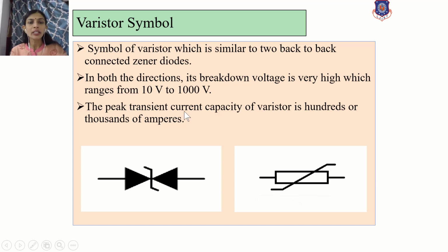The peak transient current capacity of a varistor is hundreds or thousands of amperes. This is also a widely used symbol, so dear students, remember this symbol for any circuit. So this is the symbol of the varistor.